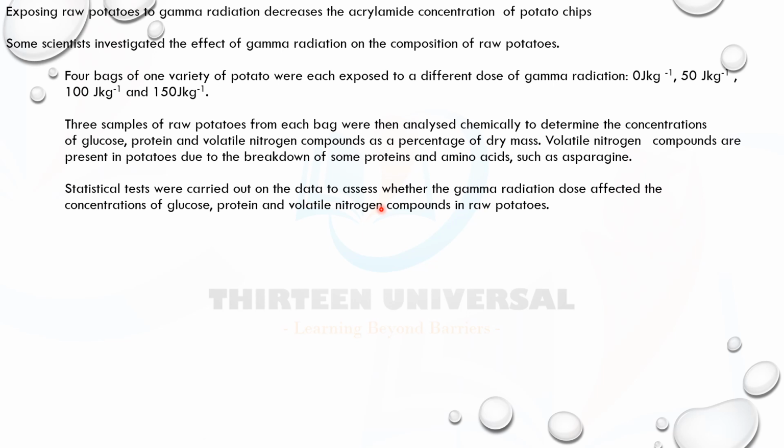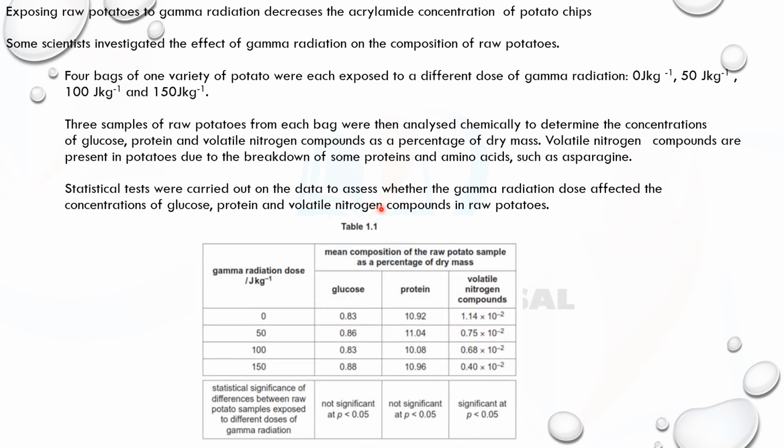So let's see more information they have. That's the experimental data, Table 1.1. You have to study this. Can you see? Look at glucose concentration, protein. This is the mean composition of the raw material sample as a percentage of dry mass after exposing them to these different doses.